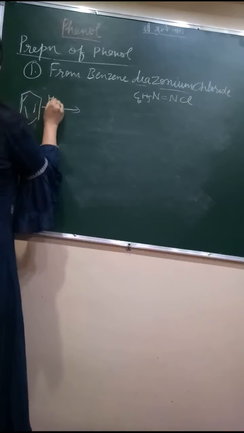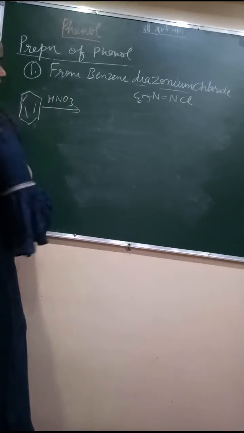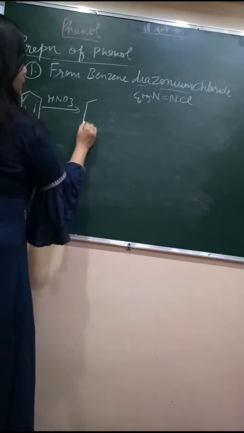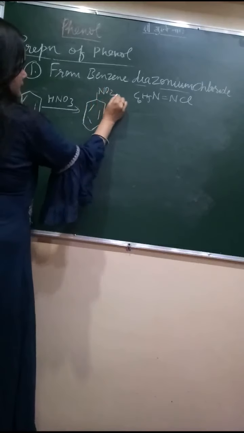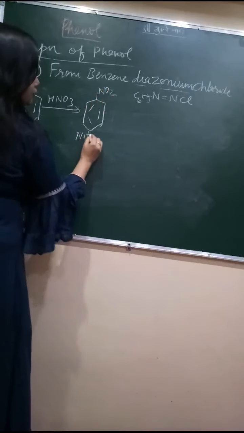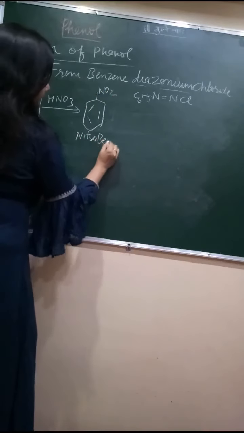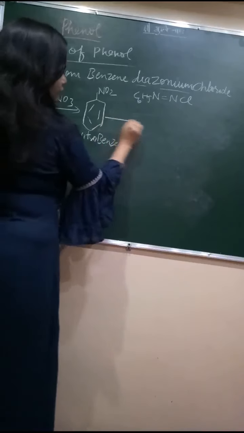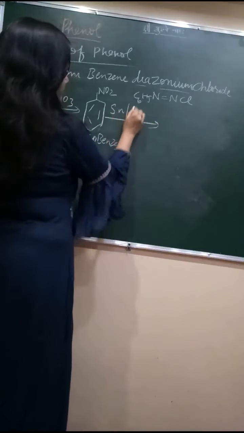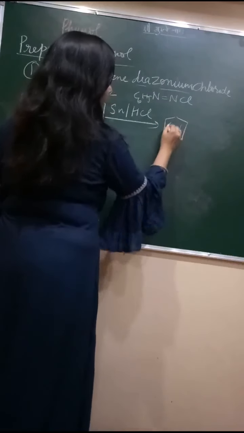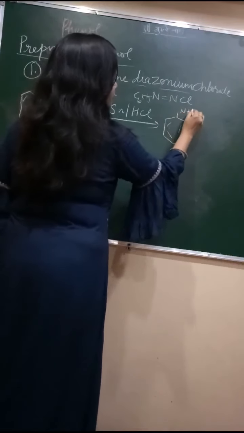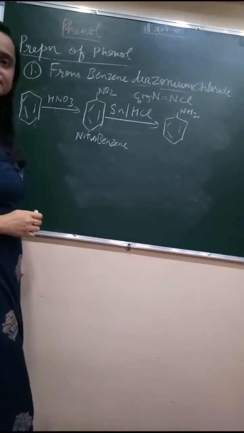When it is treated with nitric acid, HNO3, what is formed is nitrobenzene, which on further reduction forms aniline. Aniline is when an NH2 group gets attached to the benzene ring.